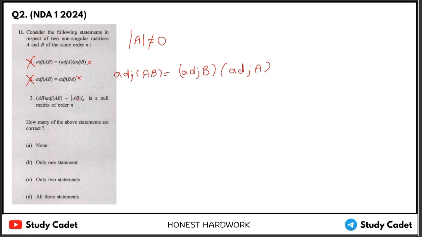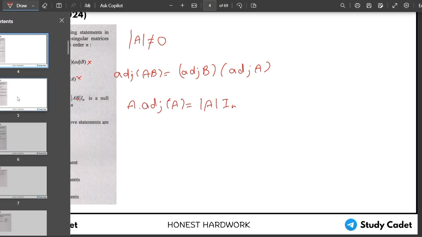And adjoint AB minus AB determinant I_n is a null matrix. Is it correct? Yes, it is correct, because we know that A into adjoint of A is equal to determinant of A into the identity matrix. When we put AB in place of A, it will be satisfied. So only one statement is correct.